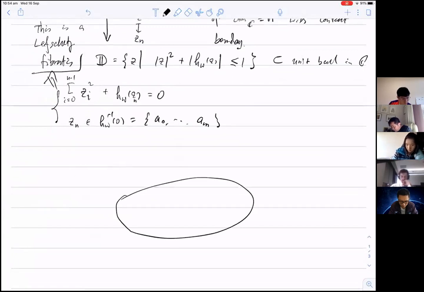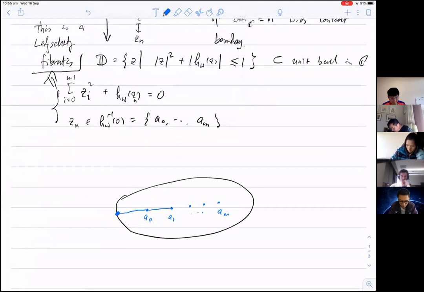Let's just pretend that this is our n0, n1, and n. So let's choose one point, also joined by a line.